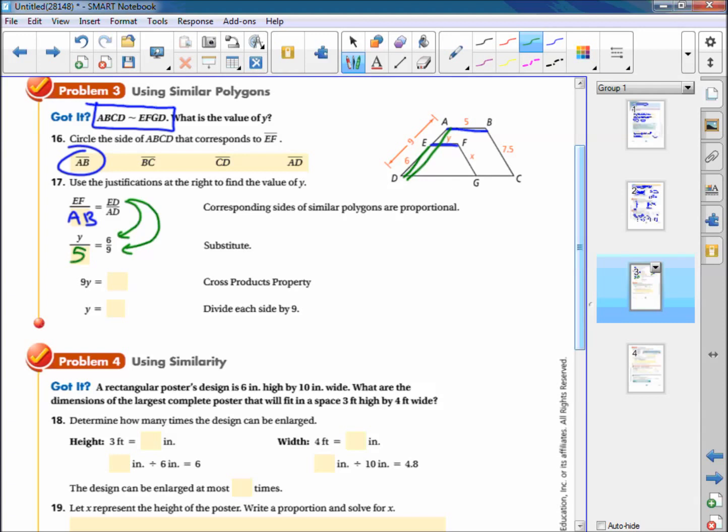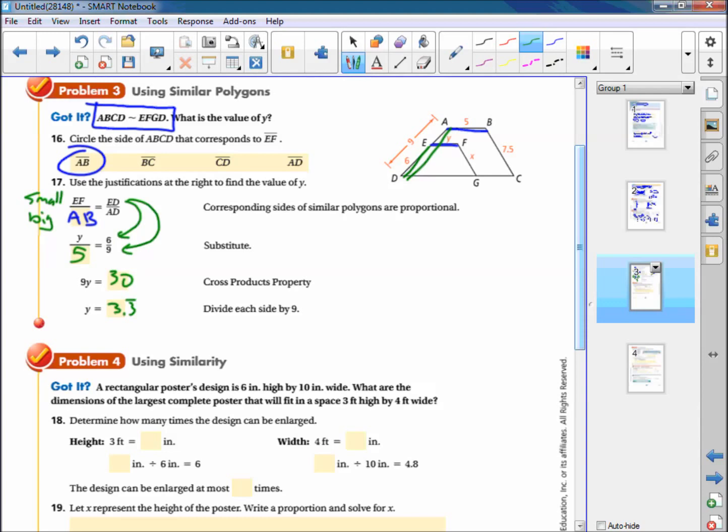All right, so here they have the small polygon on the top and the big polygon on the bottom in both of our ratios. All right, so we'll do the cross products. We'll get 9Y equals 30. And then divide both sides by 9, and you get 3.3 with the bar, or 3 1/3, or you could even write that as 10/3.